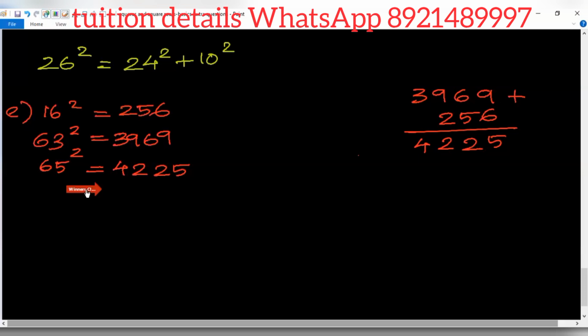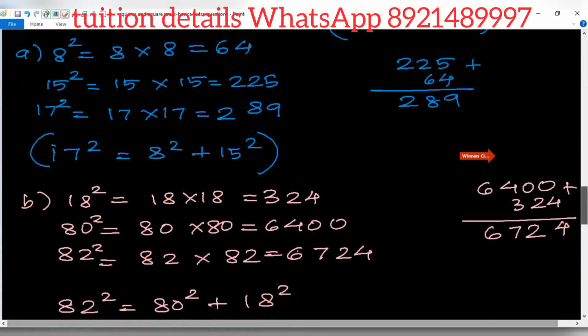See, these are the squares of these numbers. 16 square is 256, 63 square is 3969, then 65 square is 4225. When we add these two numbers, 256 and 3969, what we get is 4225. So we can say 65 square is the same as 63 square plus 16 square. So this is also a Pythagorean triplet.